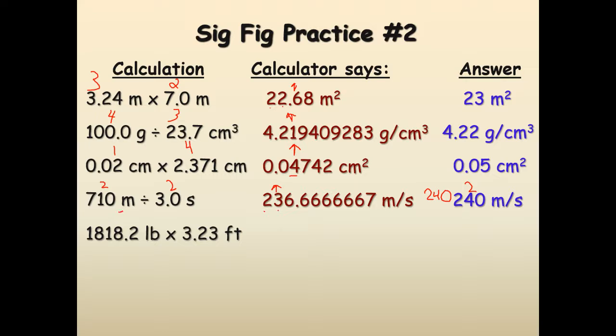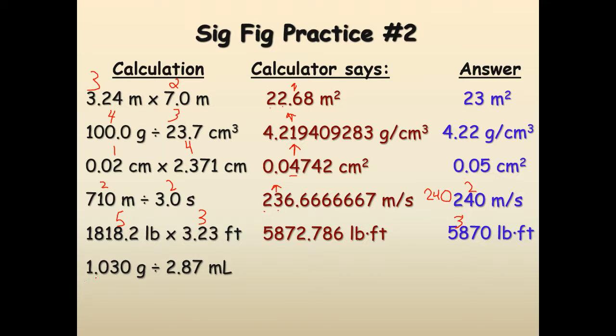1818.2 has 5 sig figs. 3.23 has 3. Here's where our actual answer is. We can only have 3 sig figs. 1, 2, 3. This number here is less than 5, so that stays 587, and we just change everything else to a 0, because that 0 does not change it. This is still only 3 sig figs.